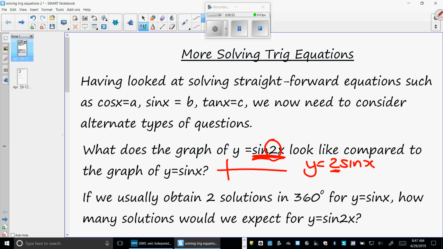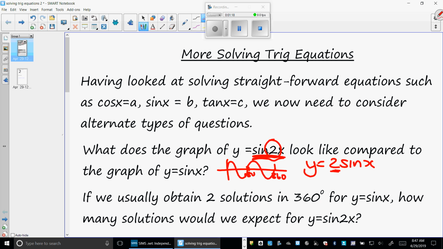So for a normal 360 degrees, how many sine curves do we have within the normal 360 period? How many here? 2. So secretly what's happened is that your period is reduced to 180, and so it's going to happen twice within 360.